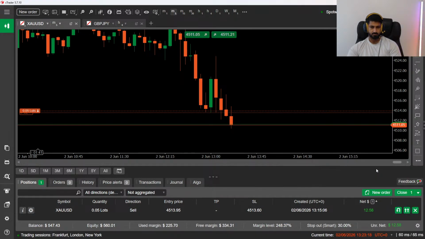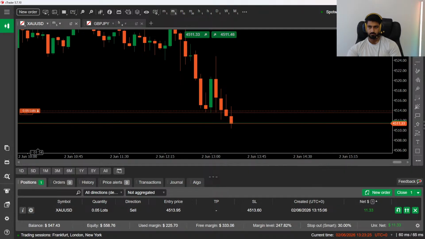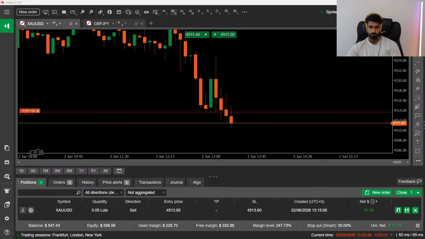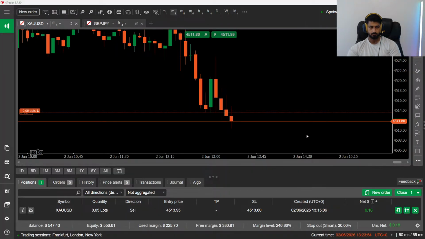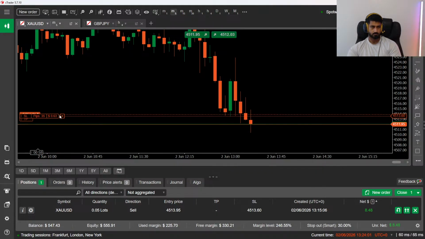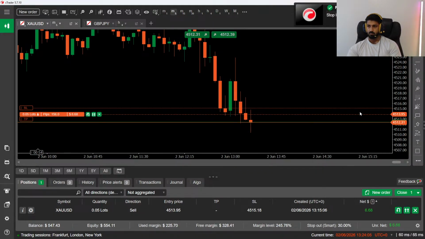Re-break. Brought my stop loss just above this candle's high.